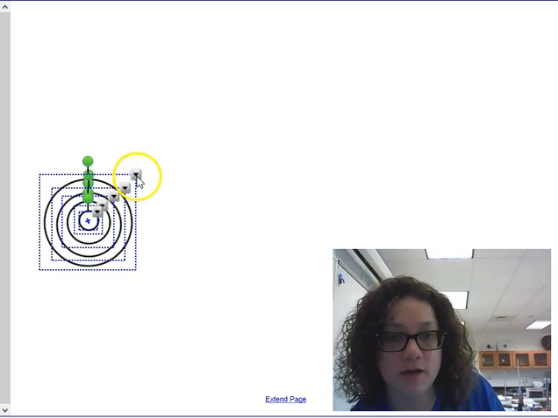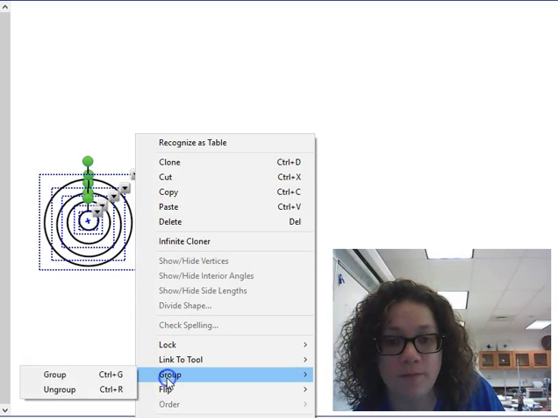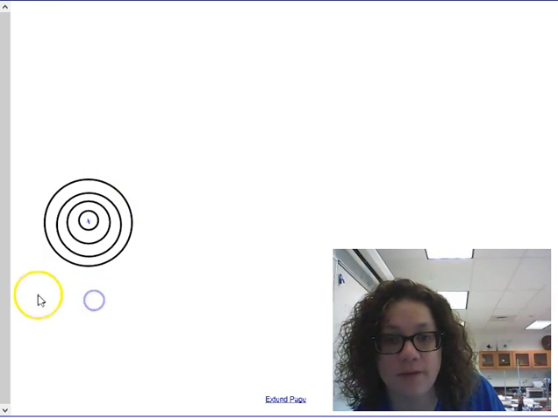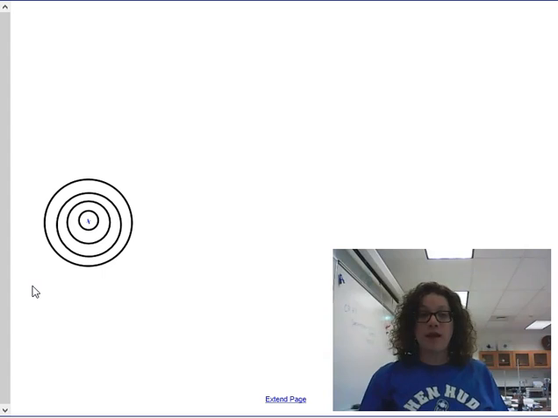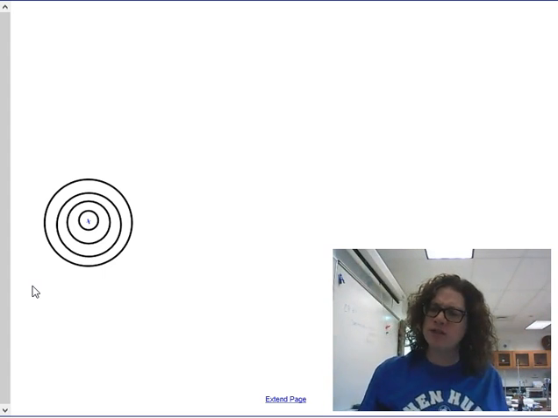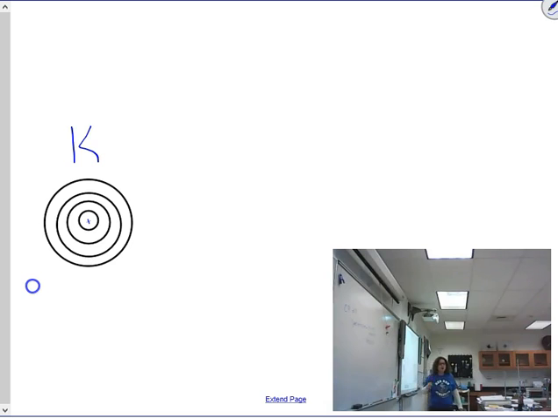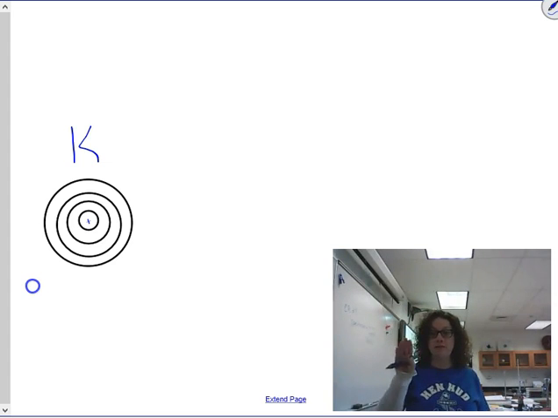I'm going to group them so I can move them as one and be able to clone them. Now, which element was that again? That's right, potassium. We are then going to represent each element as we go left to right across our period.